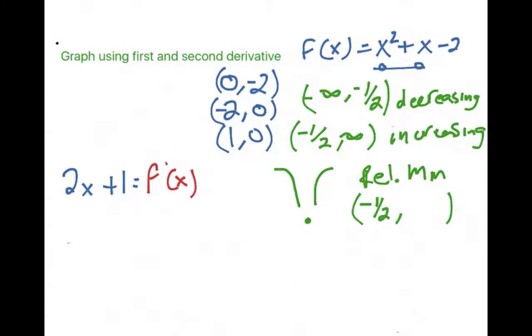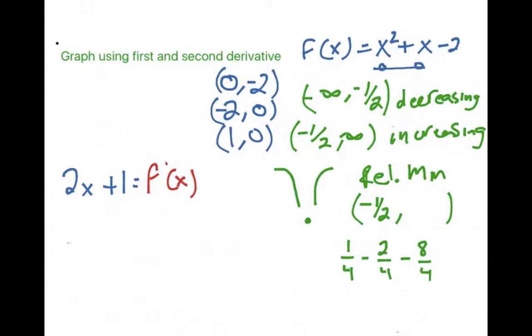If we plug negative 1/2 into the original equation, since it's on the original function, it'll give us, I believe, 1/4 minus 1/2 minus 2. I'm changing it so we have the same denominator: 1/4, minus 2/4, since 2/4 is the same as 1/2, minus 8/4.